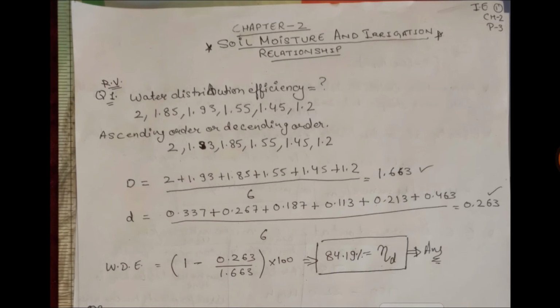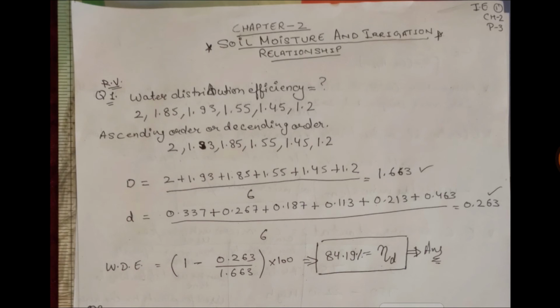So the values are 2, 1.93, 1.85, 1.55, 1.45 and 1.22. We have to represent them in that triangle-shaped percolation chart. Then find capital D, and the formula was (1 - d/D) x 100. Remember this formula? A 1 mark question will definitely come from this part, water distribution efficiency.